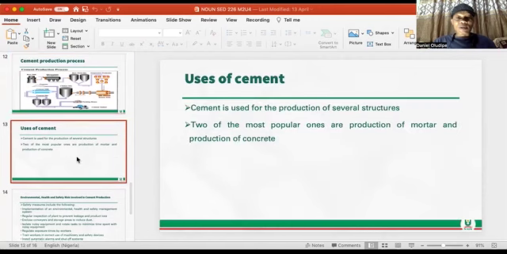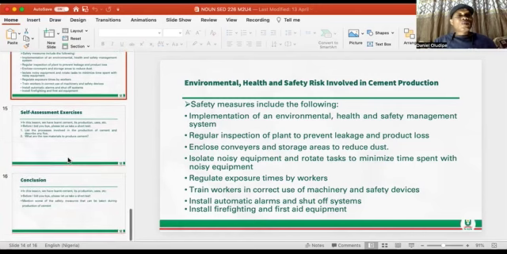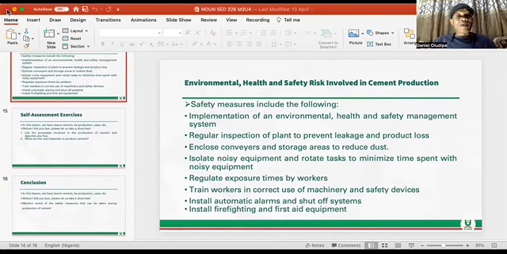Then we also talked about the uses of cement. We talked about the environmental, health and safety risks involved in cement production. So that is a brief revision of what we did last week.